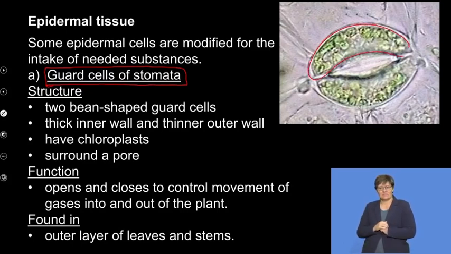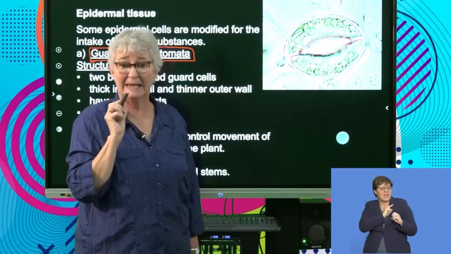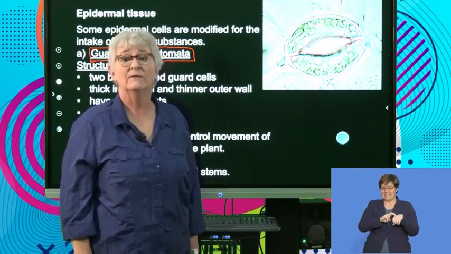They're actually really quite cute little cells, because this is what they look like. Two cells next to each other with a little hole in the middle. And that hole is so that they can take in the gas needed for photosynthesis.